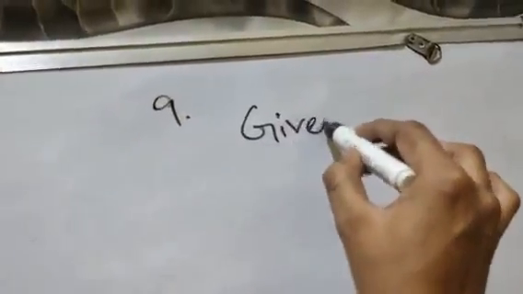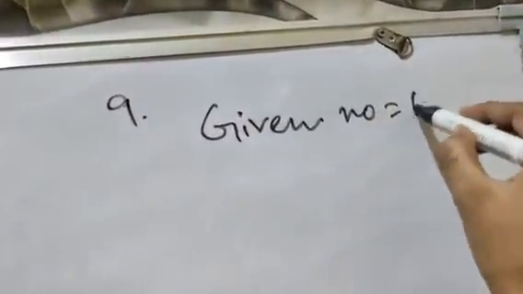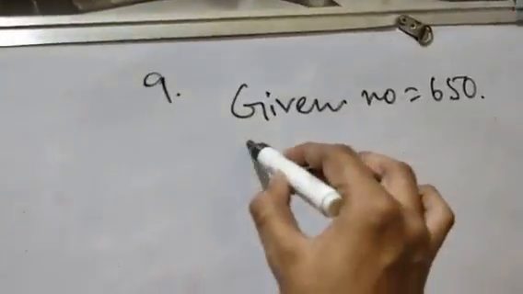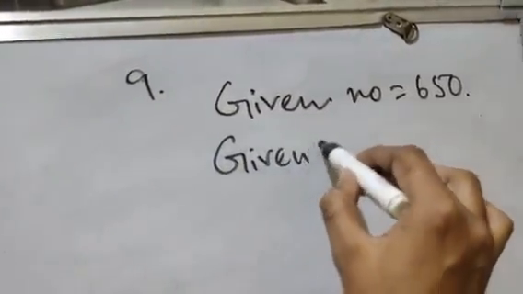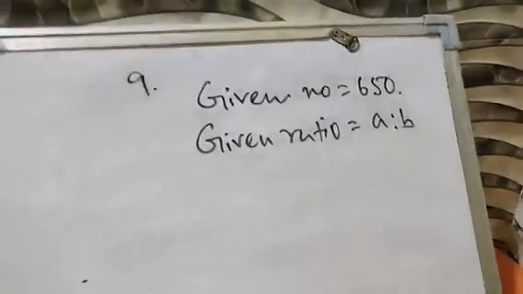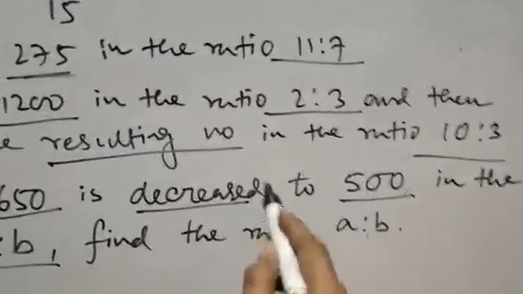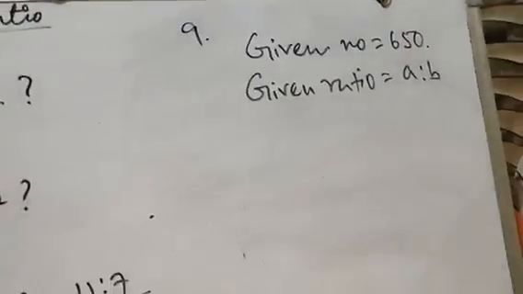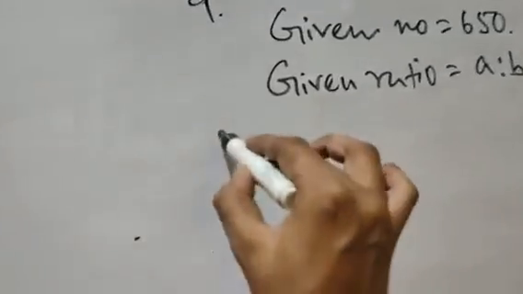The given number is 650. Clear? The given ratio is A is to B. Now you will have to decrease the number. If you decrease 650 in A is to B, what will be the new number? The new number will be, again the same formula, B by A into given quantity.